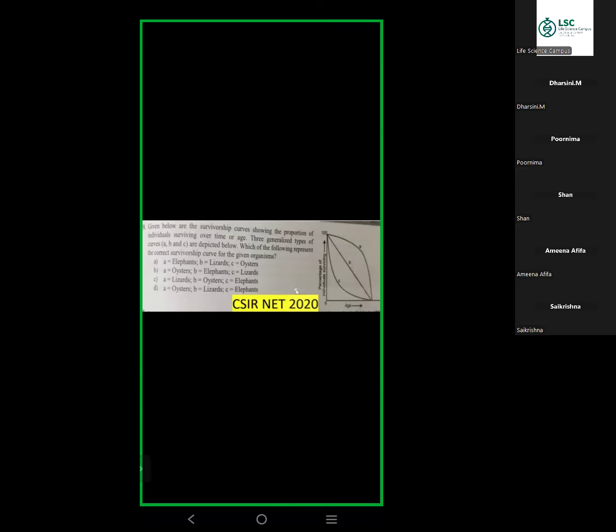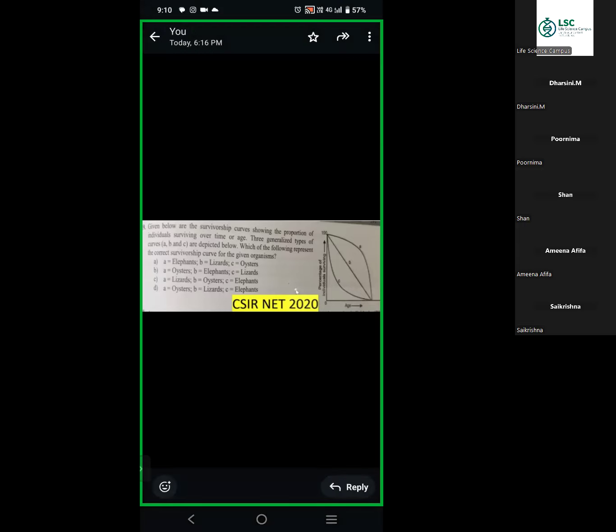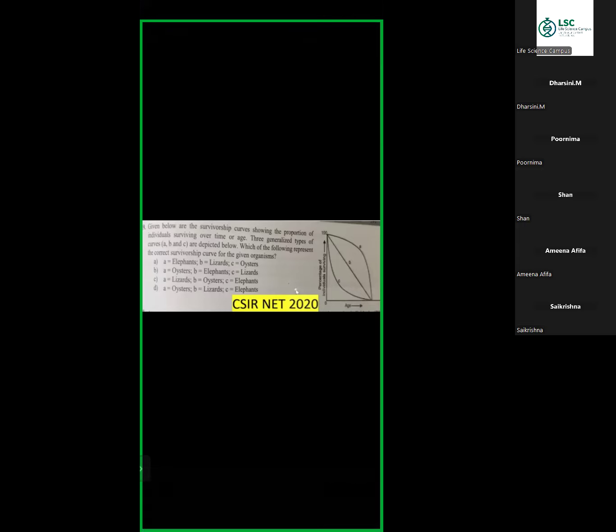Is the question visible? Yes, ma'am. If the survivorship curve is not visible, please zoom your screen.